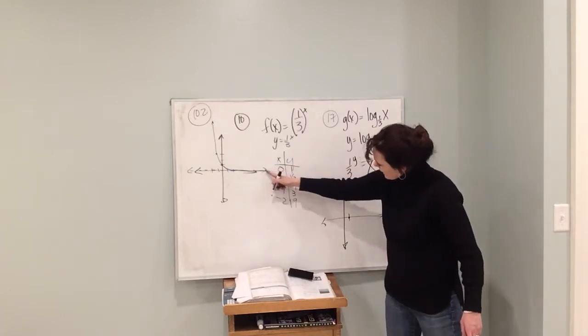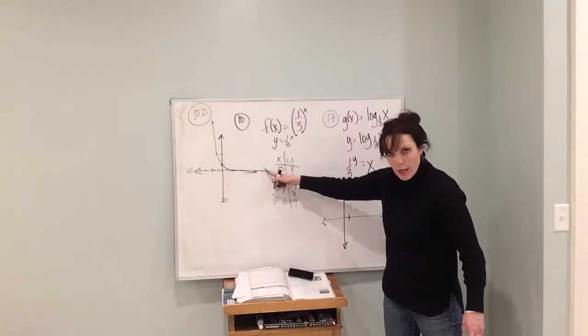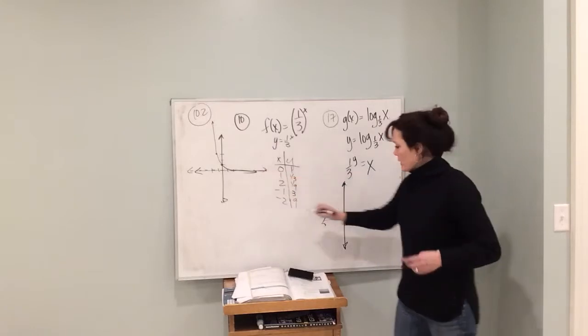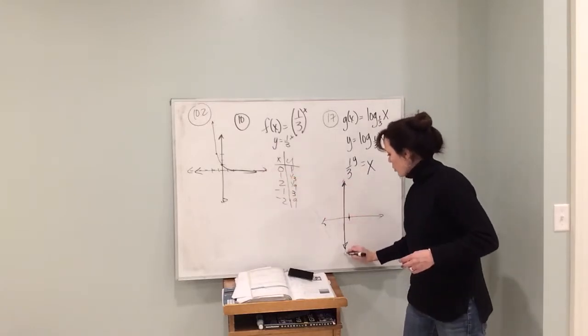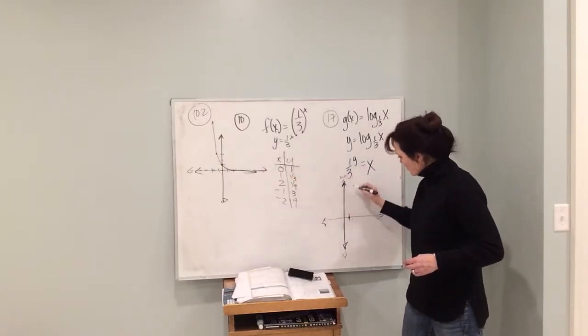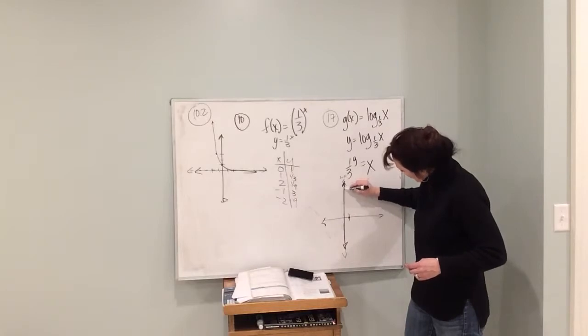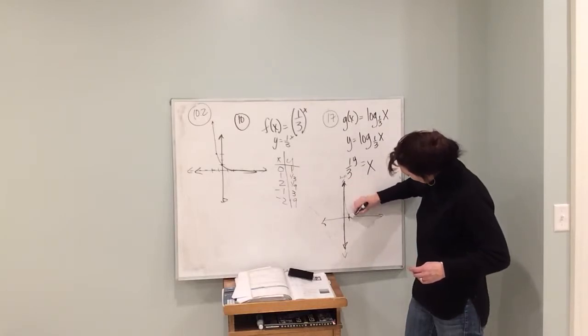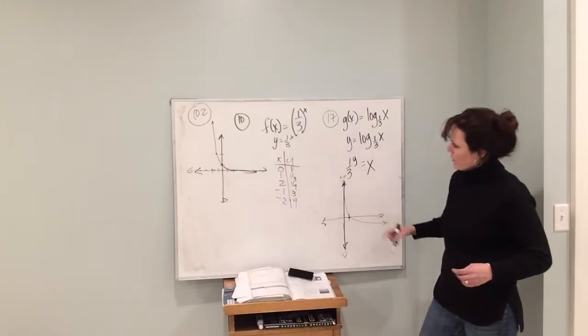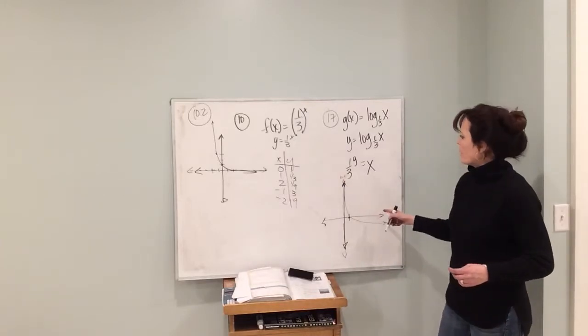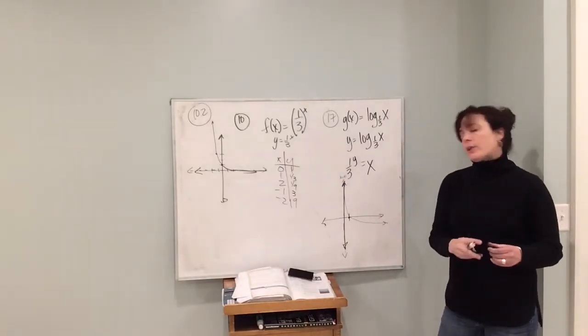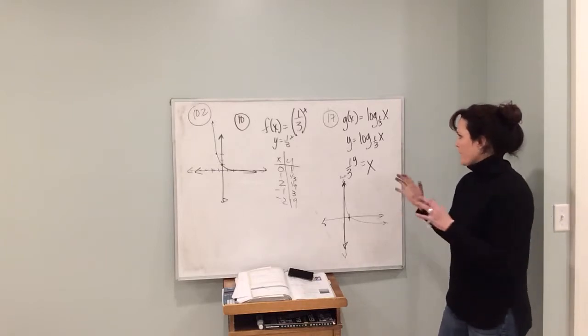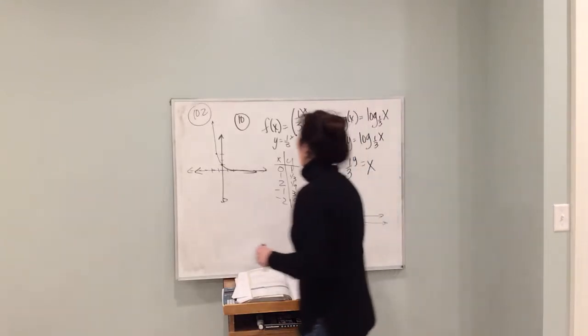This one had an asymptote of y equals 0. X and y switch, so this one has an asymptote of x equals 0. And it's going to come real close to it, go through that ordered pair, and then swing out. Those are inverses of one another, and they're a good reminder of our basic logarithm and exponent graphs.